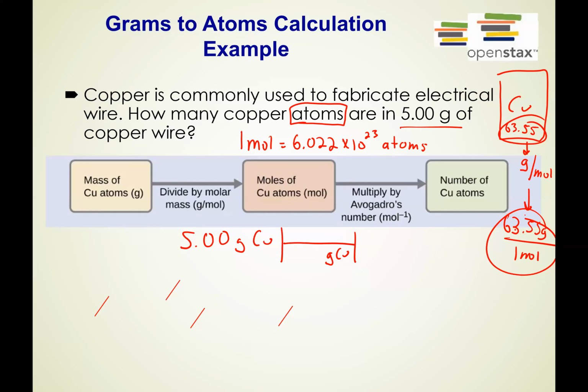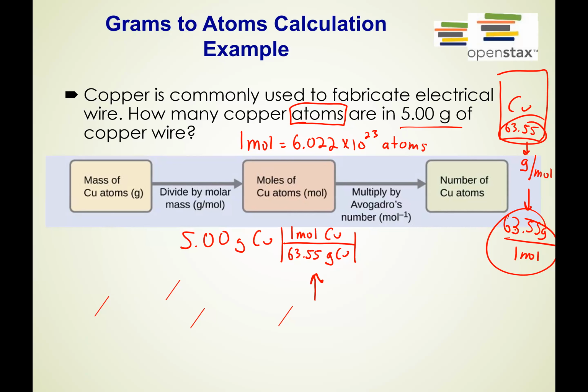So does the 63.55 go on the bottom of this conversion, or does it go on the top? It goes on the bottom because it goes with the grams. So the number 63.55, the number on the periodic table, always goes with the grams. On the top or the bottom of that is always 1 mole. So 1 mole of copper.